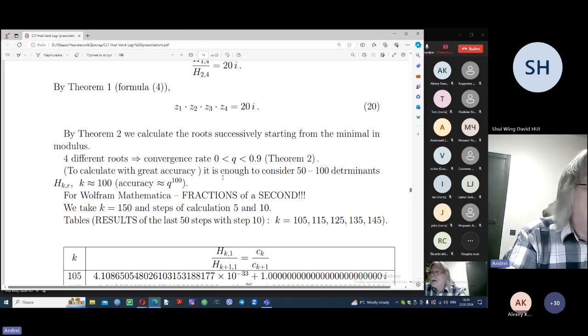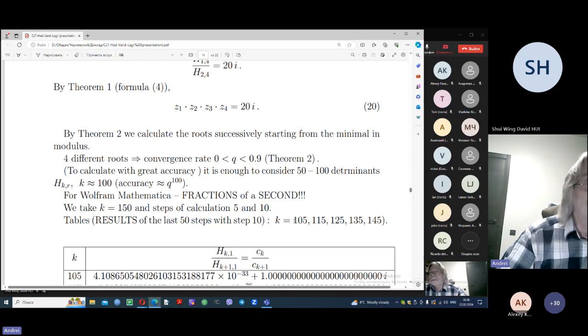But it doesn't matter, 100, 200, doesn't matter for Mathematica. Then for the experiment, we took 150 steps. And I simply present the results for all the steps, both for the last 50 steps that are visible.